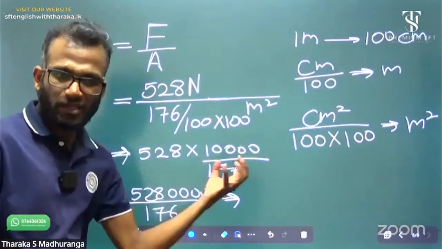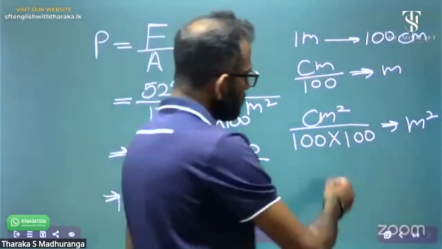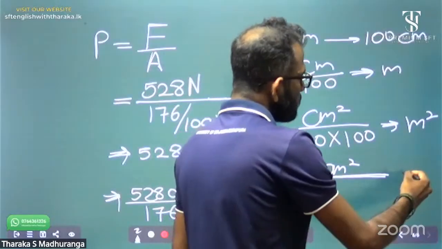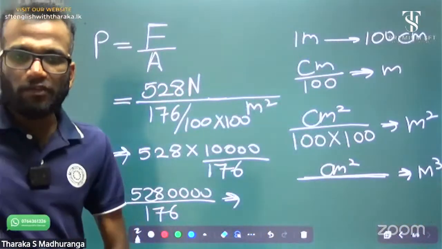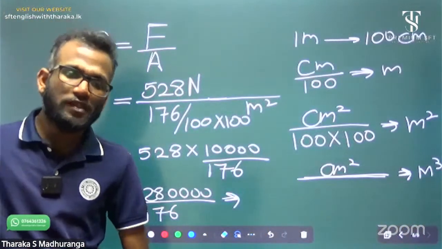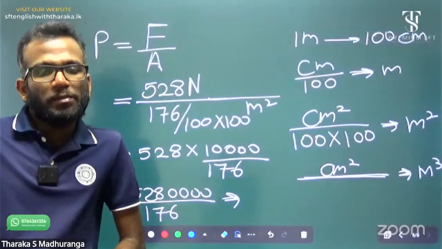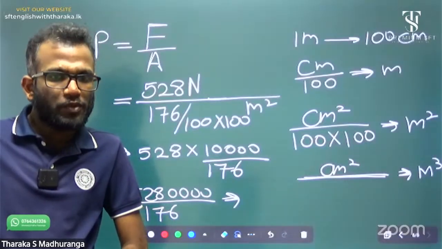How do you convert square centimeter into square meter? Okay, if you want to convert cubic centimeter into cubic meter, Samya, what do you need to do? Cubic meter is the standard unit.